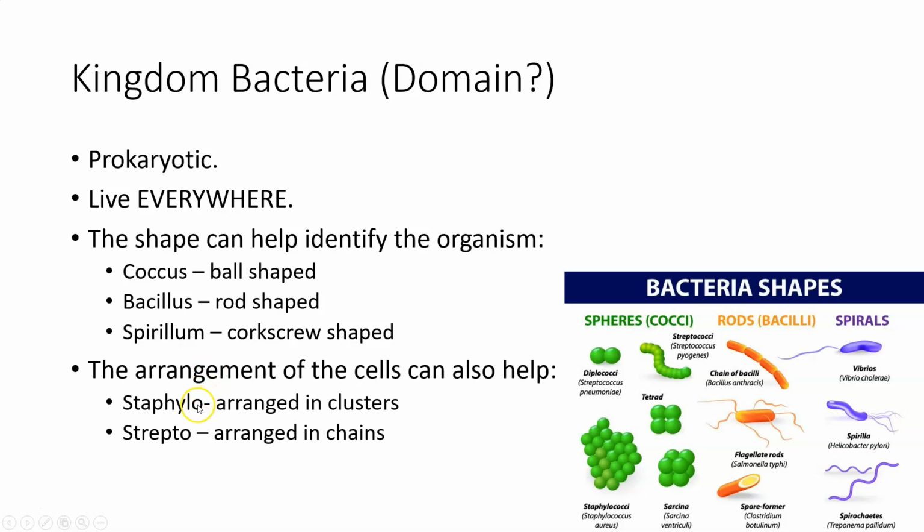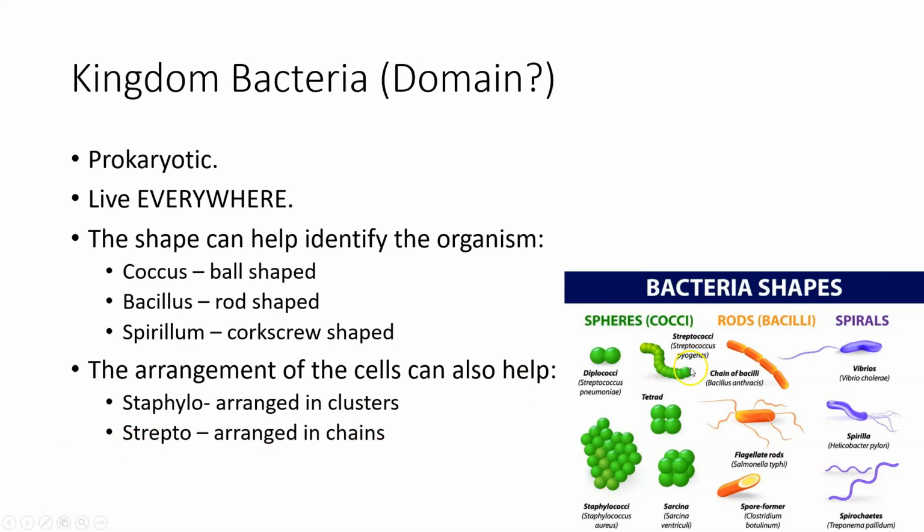The arrangement. They just put staph and strep, but the full prefix is staphylo and strepto. So staphylo means they occur in clusters. So, for example, Staphylococcus aureus, it's staphylo because they're arranged in clusters, and it's coccus because they are ball-shaped. And so Staphylococcus aureus is called that because it occurs as little ball-shaped cells that cluster together.